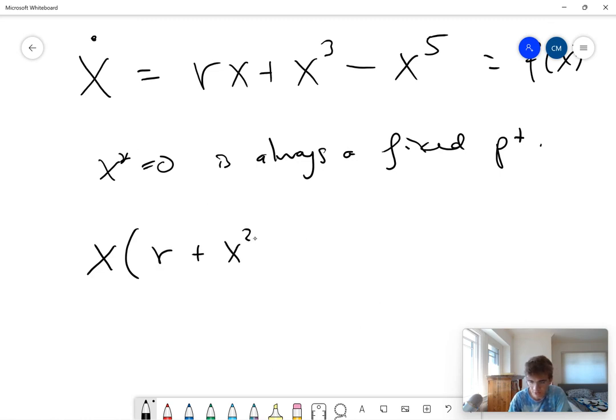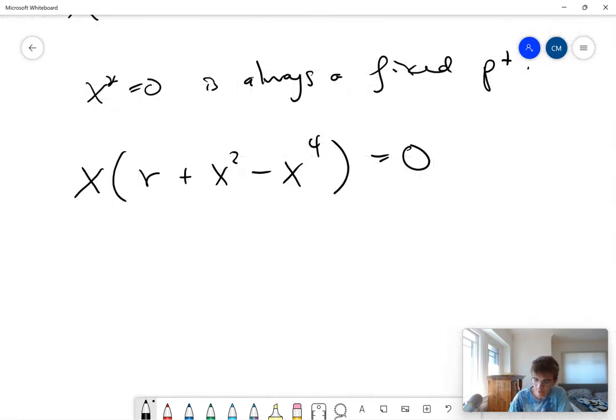I'm going to have r plus x squared minus x to the fourth is equal to 0. Now I'm going to get rid of the x, since we've already identified that 0 is a root. So let's assume that x is non-zero, and then we can get rid of this term. So I have r plus x squared minus x to the fourth is equal to 0.